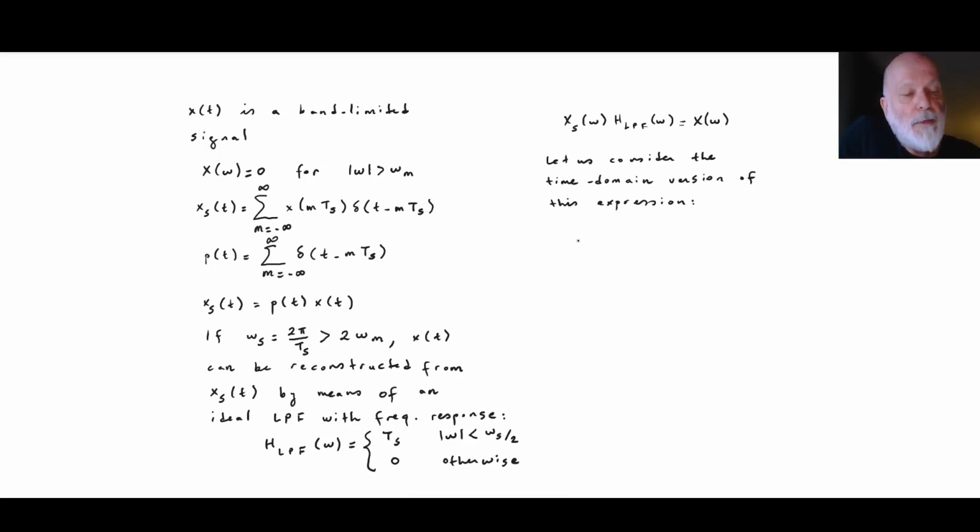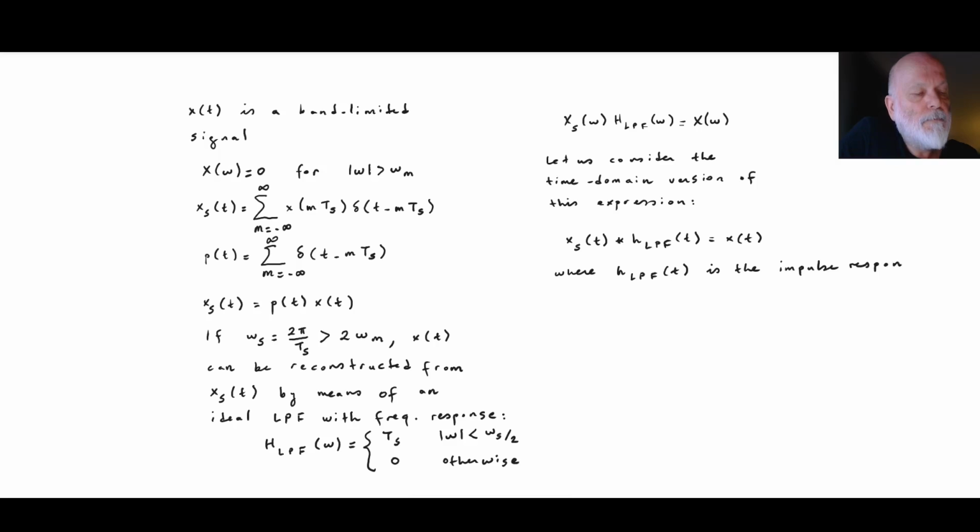Okay, so xs of t convolved with h LPF of t is equal to x of t, where h LPF of t is the impulse response of the ideal low-pass filter.